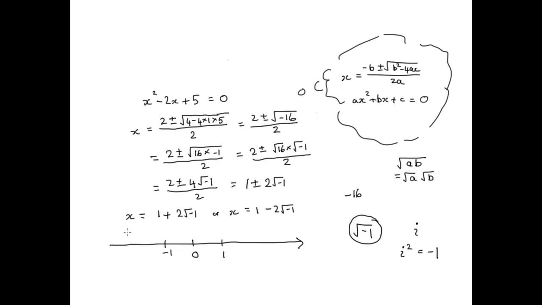So let's just write down what we've got so far. 1 plus twice i, or 1 minus twice i, where i is something, certainly not a real number, that has the property that when you square it, you get negative 1. Now, you are looking at two complex numbers.